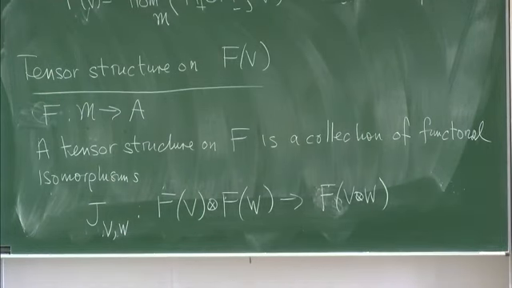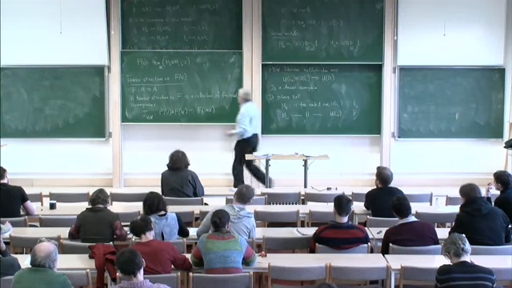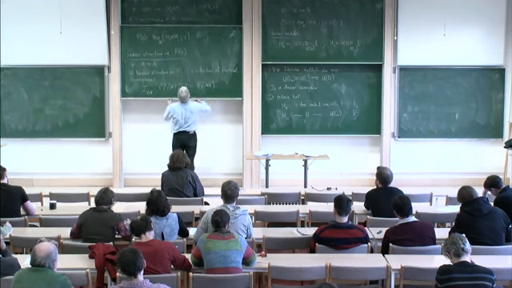You'd normally assume that the functor preserves the tensor product, but no, I'm not saying it preserves the tensor product. I'm saying what I've got is a collection of isomorphisms from the tensor product. Now, these things have to satisfy an obvious condition.